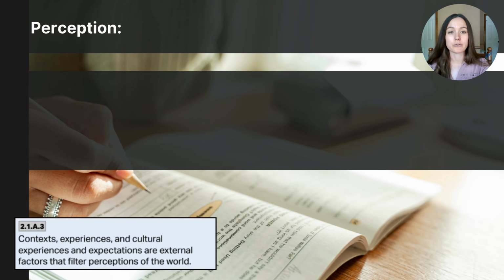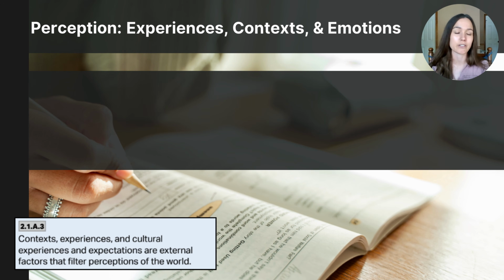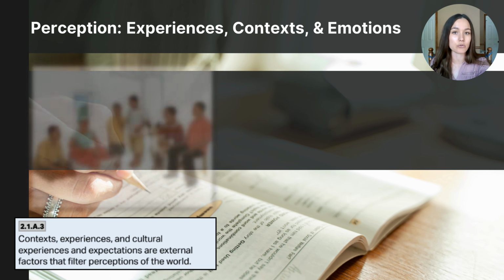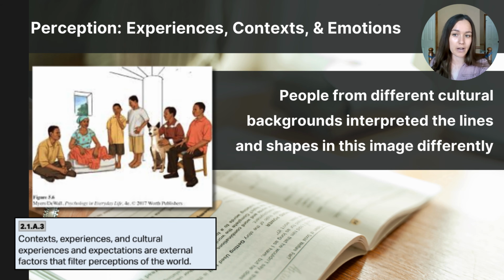Perception can also be influenced by our experience, context, and emotions. There are many internal and external factors that can influence how we perceive sensory information. Here are a few examples. In 1973, a study by Gregory and Gombrich showed how people interpreted the visual image on the left-hand side of the screen differently based on their cultural backgrounds.